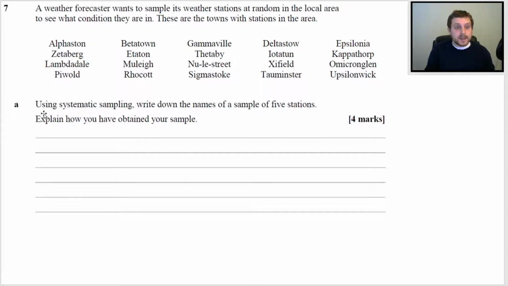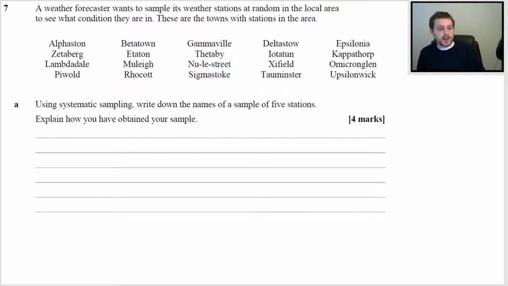Right, number 7. Okay, you need to say that we need a quarter of the stations, and for the real exam, you need to say that you use a random number generator to select the start position or whatever it might be.